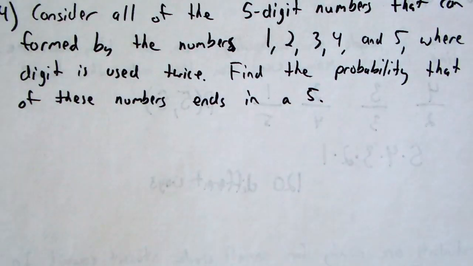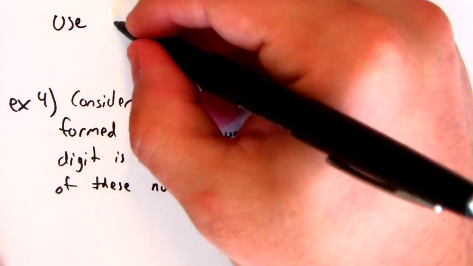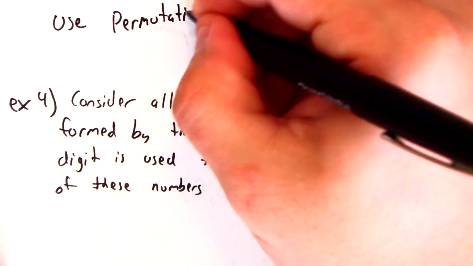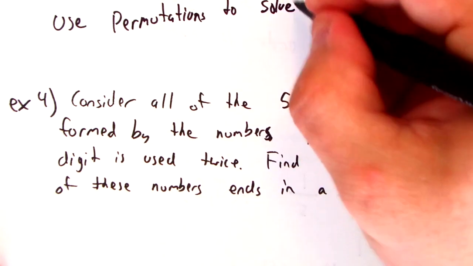Now, we can also use this to find probability. When we find the probability, we can use permutations to solve real-world probability problems.